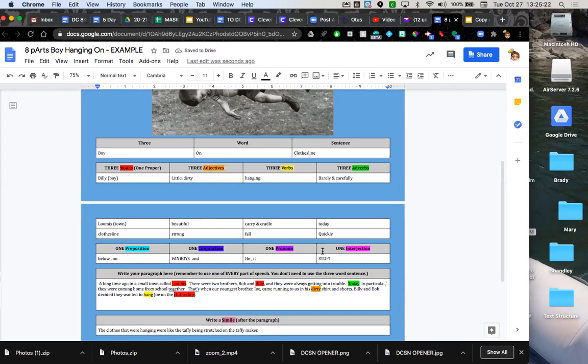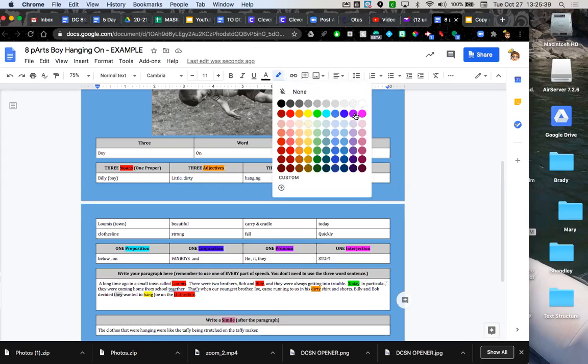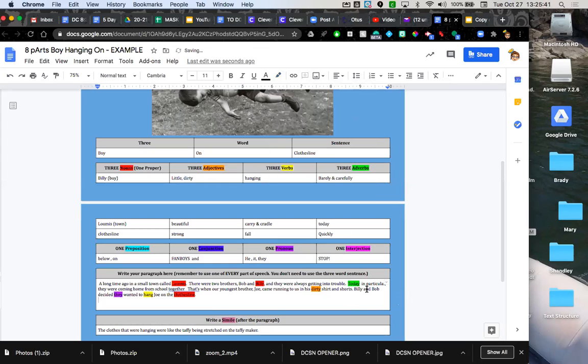Look, I haven't used an interjection. Oh, I didn't use one of my pronouns that I had said. I said he and it, but if I had they on my pronouns list, they would be a pronoun, so I could highlight that one in purple. Okay. Oh, I used and, that's my conjunction.